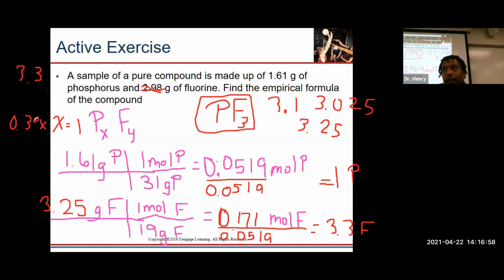Or let me give you a better hint. 0.33 times x equals 1. So if I multiply it by 2, what would be the answer? 0.66, right? If I multiply it by 3, what would it be? That would be 0.99. Is that close enough to 1?